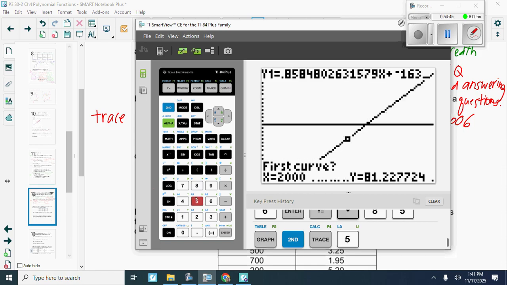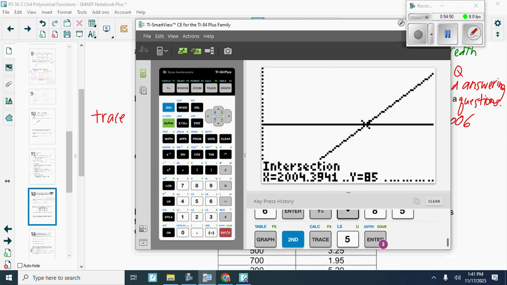When there's only two graphs, you can just hit enter, enter, enter. It's going to find the first graph, it's going to find the second graph, you never have to put in a guess, and it's going to zero in on the point of intersection. So if you're interested in 85, it happened in 2004.